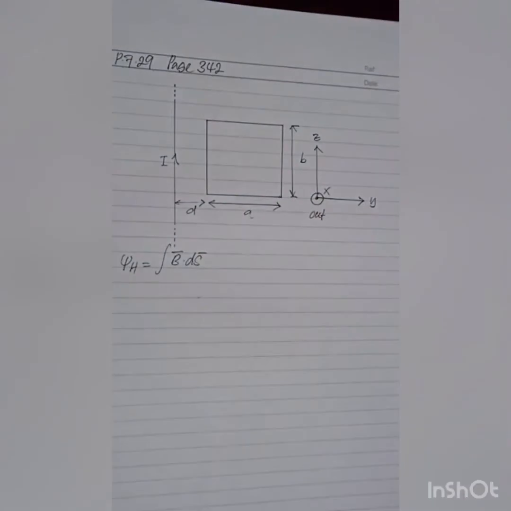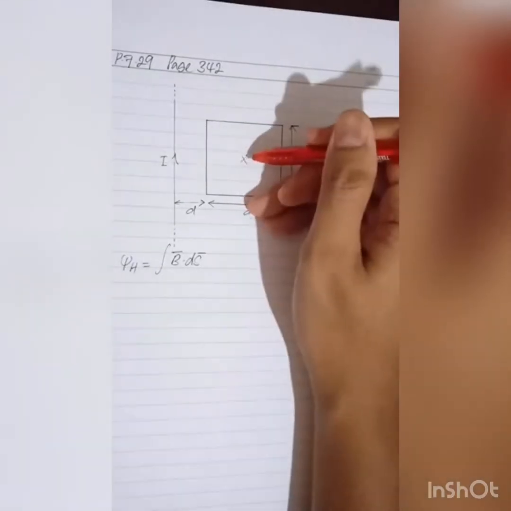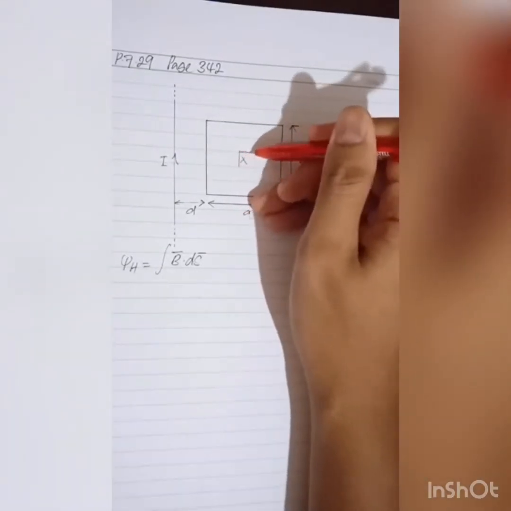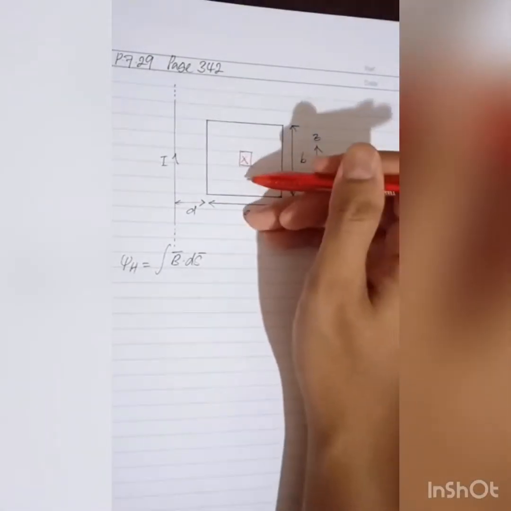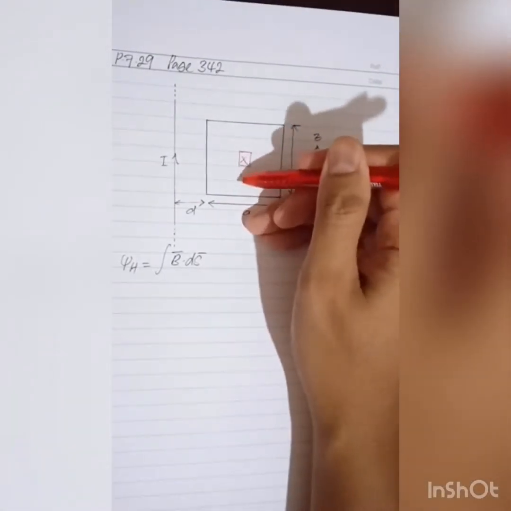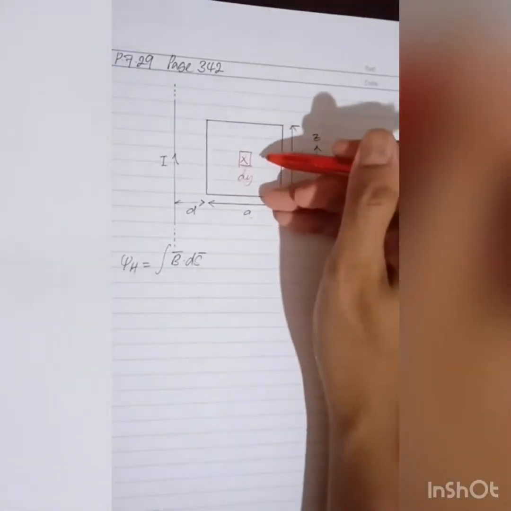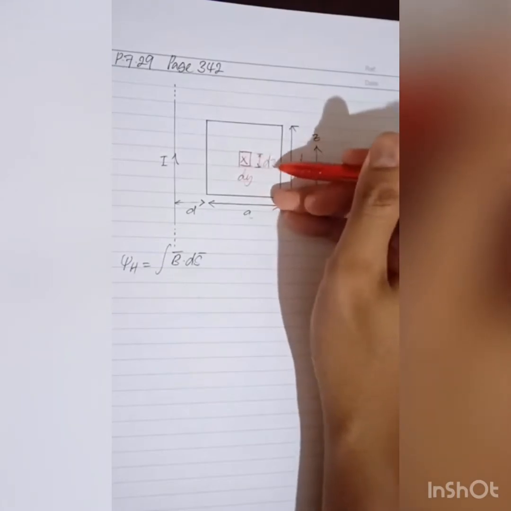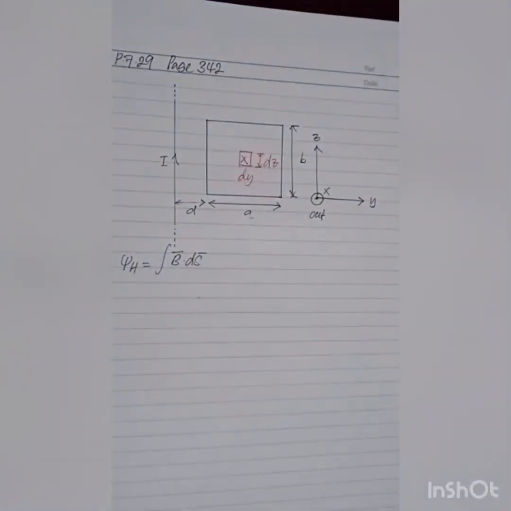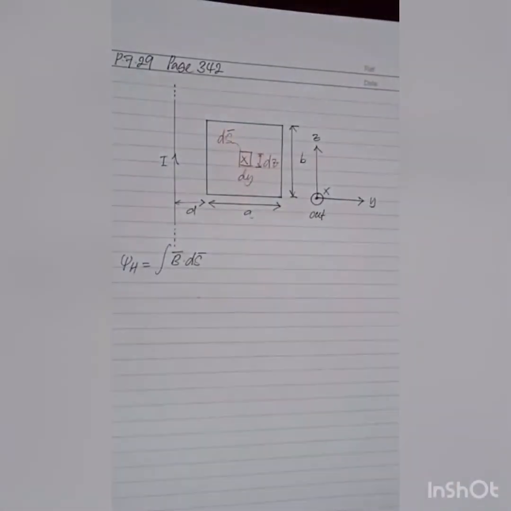Let's say I take a sample inside this structure at this point. This sample has a width of dy along the y-axis, and a height of dz. This is our sample ds from our structure.